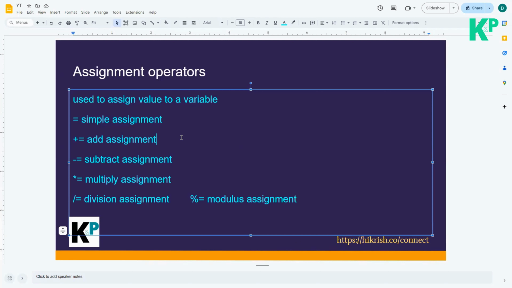For subtract assignment, it is minus equal to. For multiply assignment, it is star equal to. For division assignment, it is forward slash equal to. And there is a modulus assignment as well, which is percentage equal to. We are going to see all these different assignment operators in Visual Studio itself.